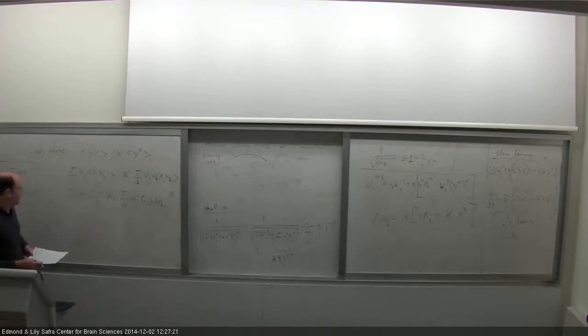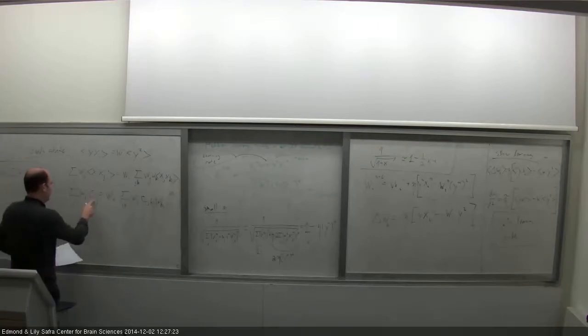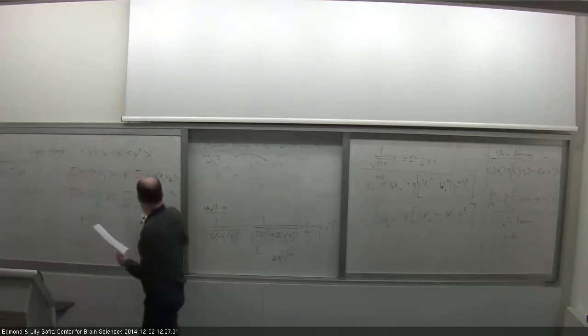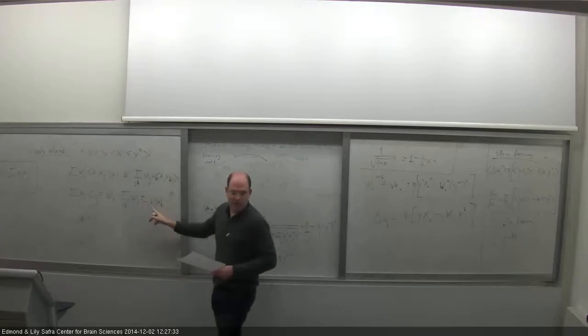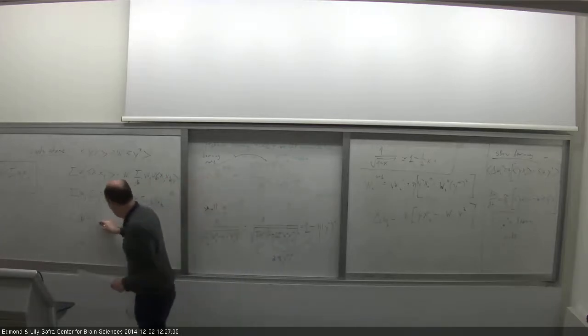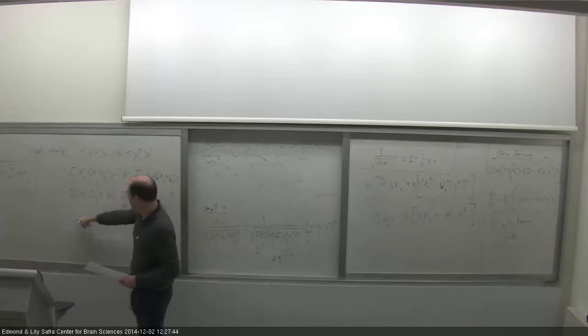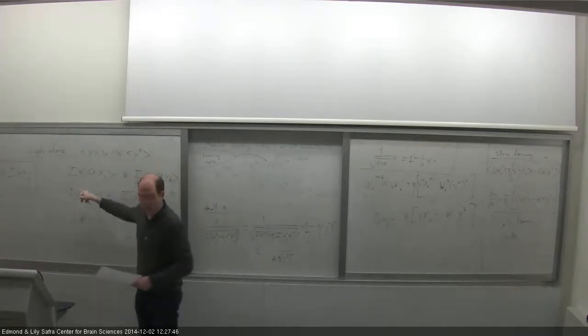Let's write it as a matrix equation. This is the matrix C multiplied by the vector W, so C times W. This is W transpose C W. So this is the ith component of this vector, because here you have i.